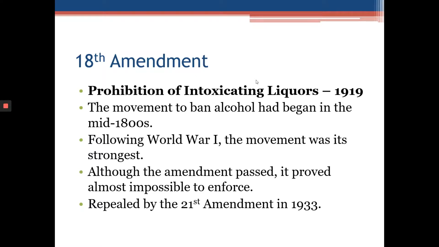This amendment was repealed in 1933 by the 21st Amendment. This is a great example of why we shouldn't use the Constitution to react to societal changes. This is a snapshot in American history. We don't need to have the Constitution as a tool to try and affect society with social norms.